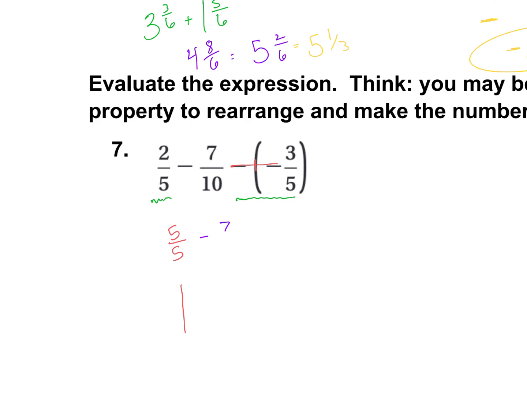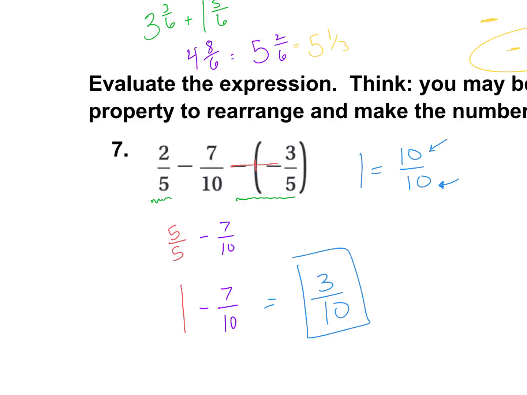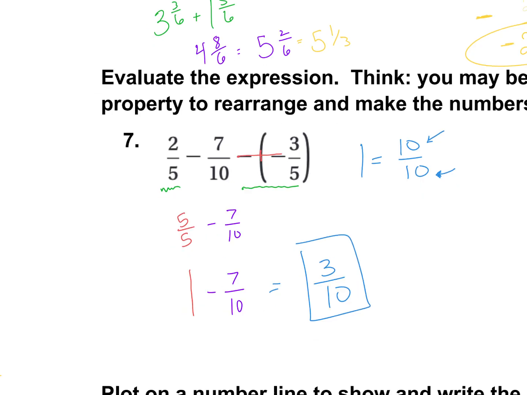So we could do 1 minus 7/10, which would be way easy because 1 is equal to 10/10. There are 10 pieces that make up a whole. And how do I know that? Because that's them telling us how many pieces there are. So 10 minus 7 is 3/10. That's the commutative property made this a little bit easier.